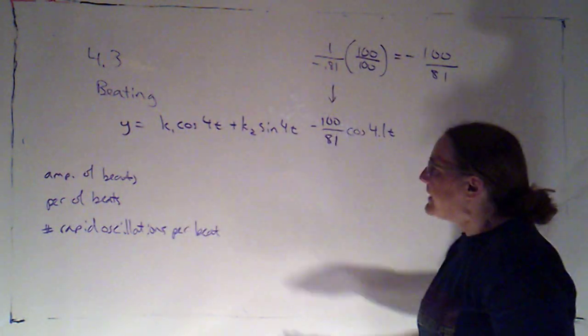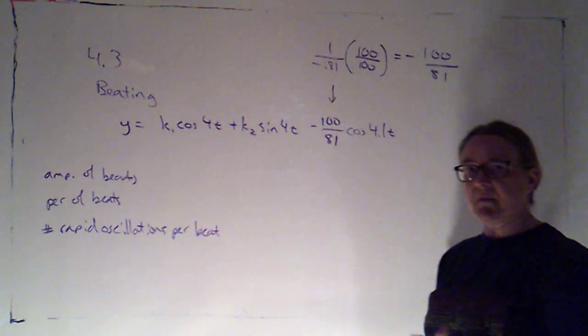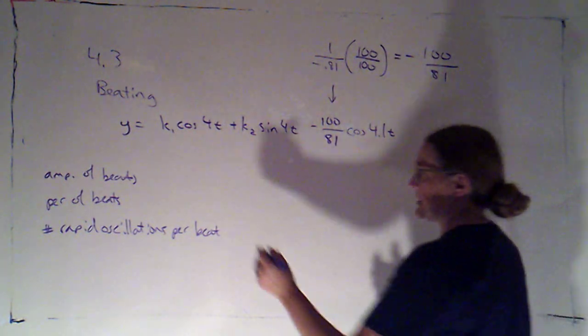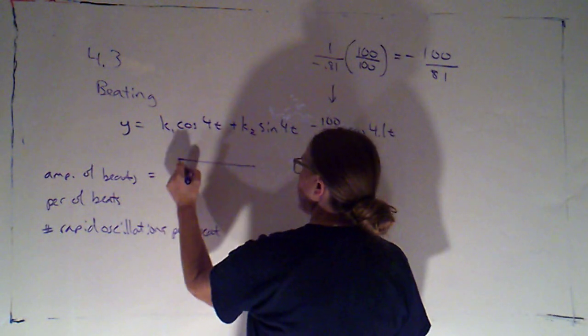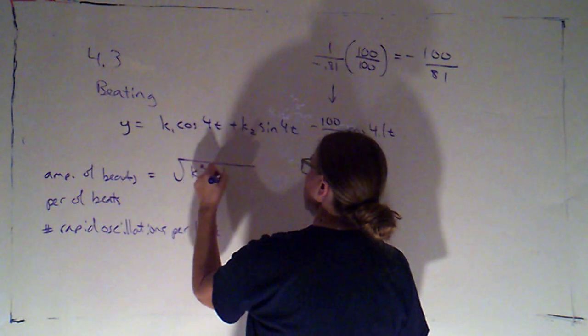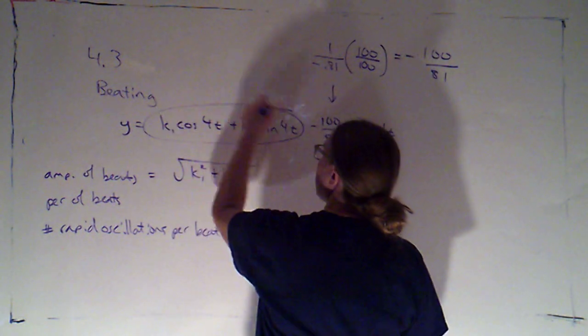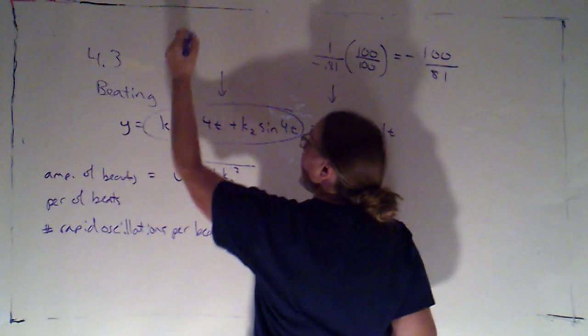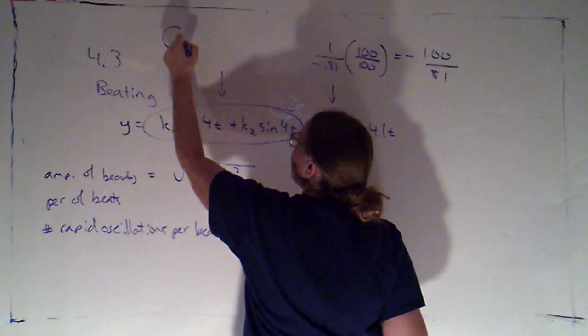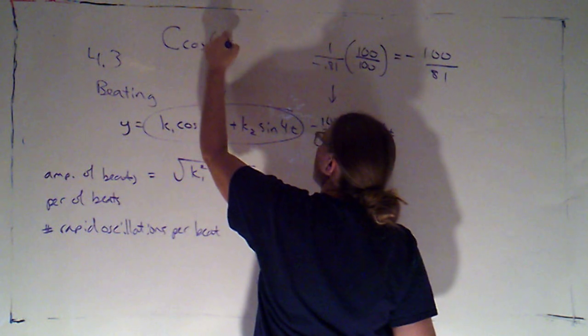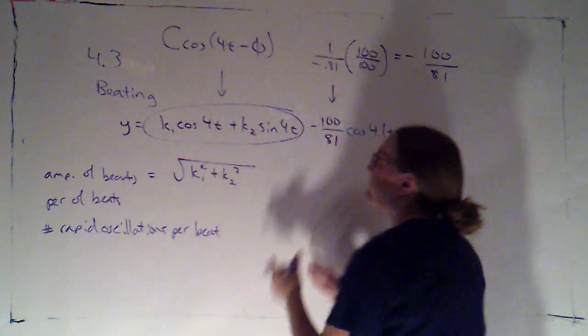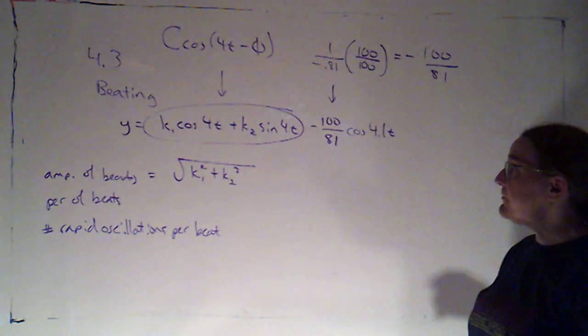The amplitude of the beats is going to be the amplitude of the natural response, which is just the square root of k1 squared plus k2 squared. That, of course, is because I could rewrite this as c times cosine of 4t minus phi for certain values of c and phi.